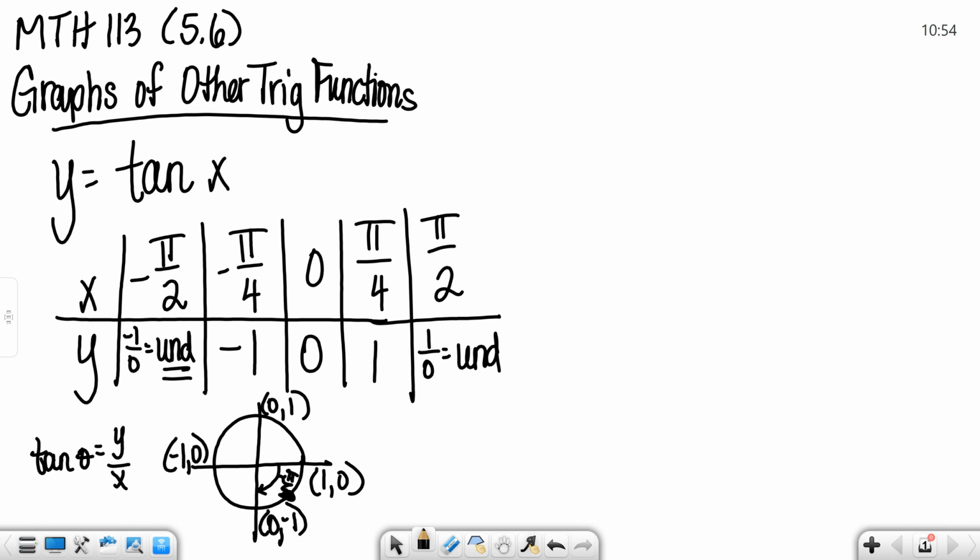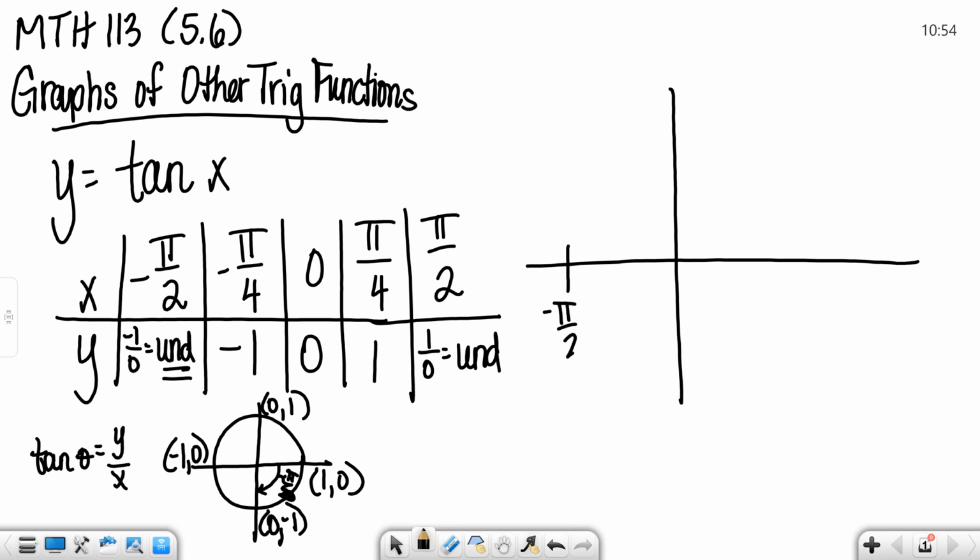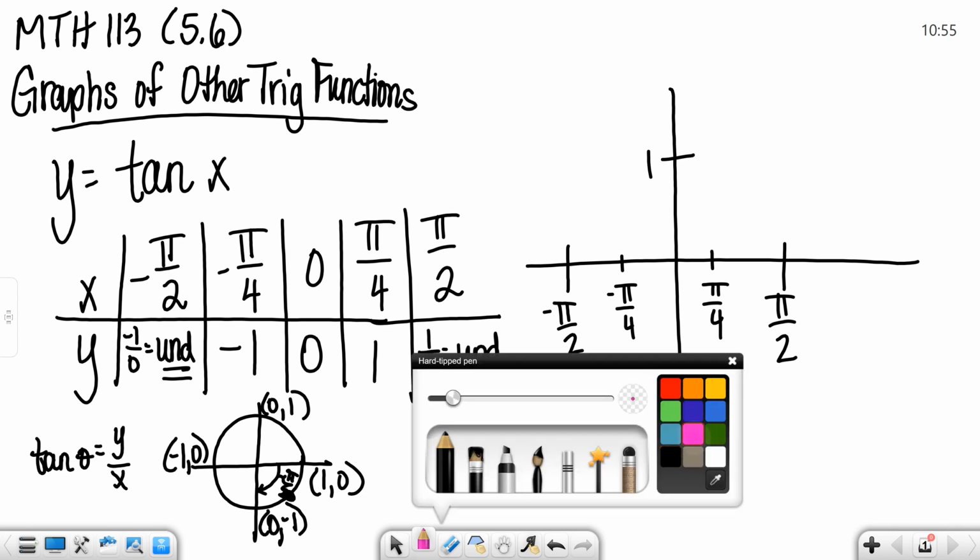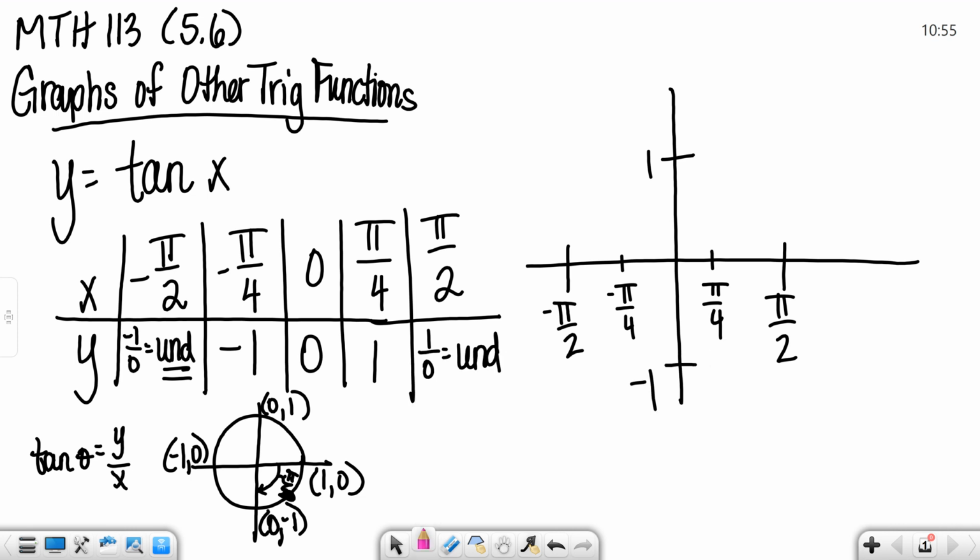All right, so now let's graph tangent using these values. All right, -pi/2, -pi/4, pi/4, pi/2. So those are my 5 key points that I'm going to use. My maximum is 1 and my minimum is -1. All right, I will graph tangent in whatever this color, pink.